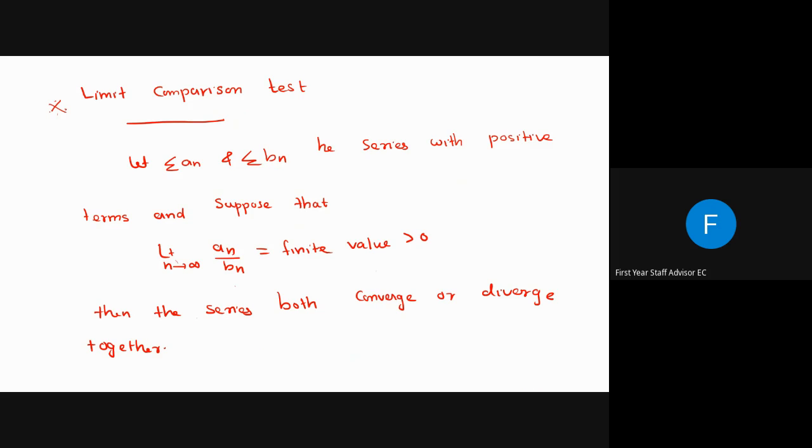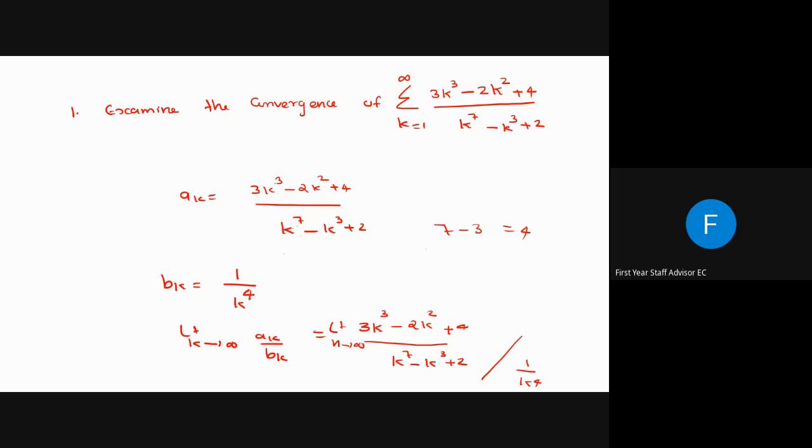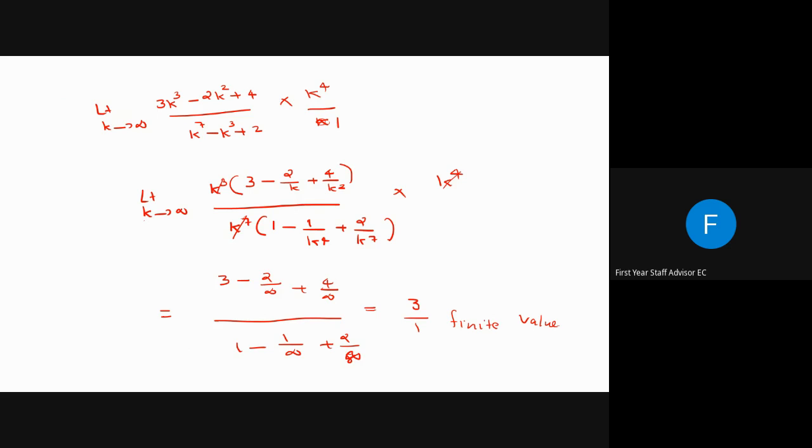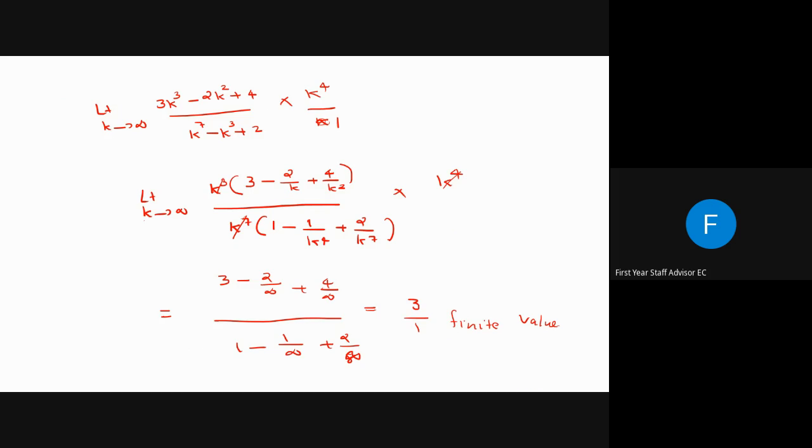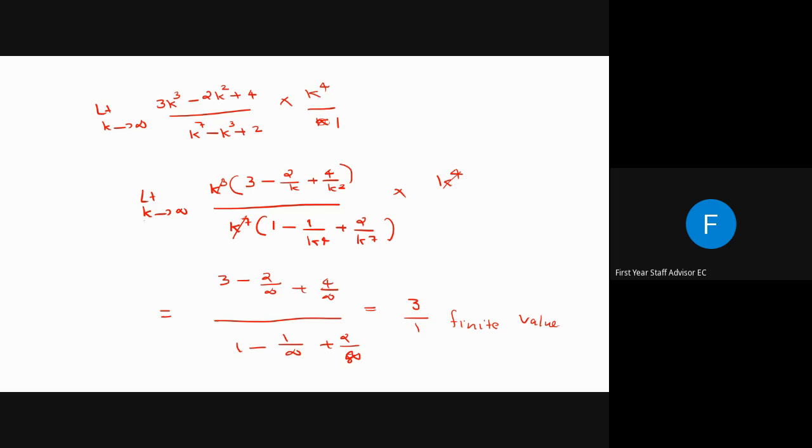And since the limit is a finite value, both converge together. In the case of p raised to k, bk equal to 1 by k raised to 4.